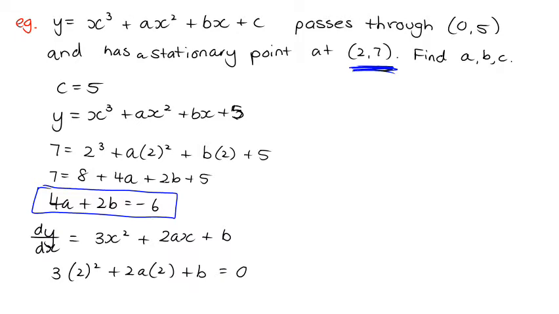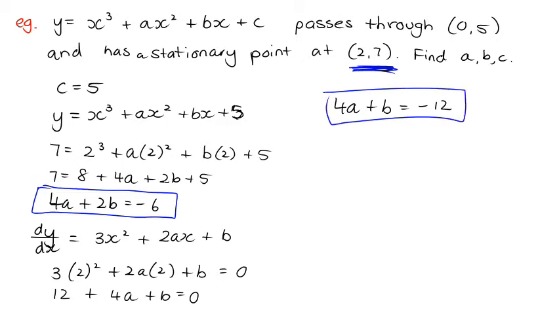Is everyone still following? Yeah. Simplify. 2 squared is 4 times 3 is 12. 2 times 2 is 4a plus b equals 0. Then obviously just take the 12 over the other side. We get 4a plus b equals negative 12.